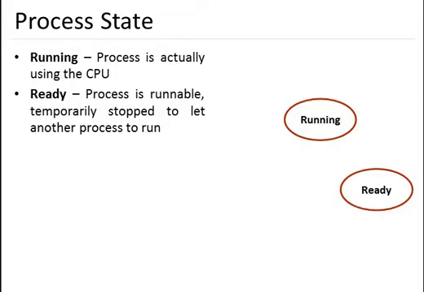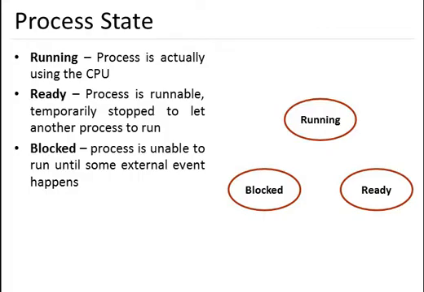Then the blocked state: a blocked process is unable to run until some external event happens, for example an interrupt is generated, or it was waiting for input from the user. When it gets the specified input or resource, it transfers to the ready state, ready to be executed.